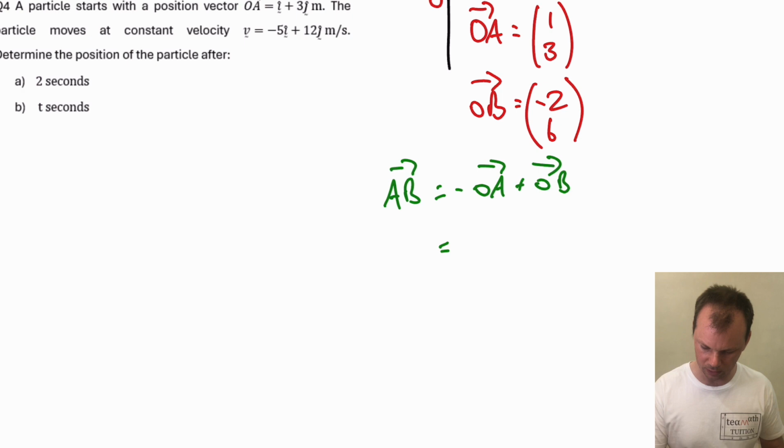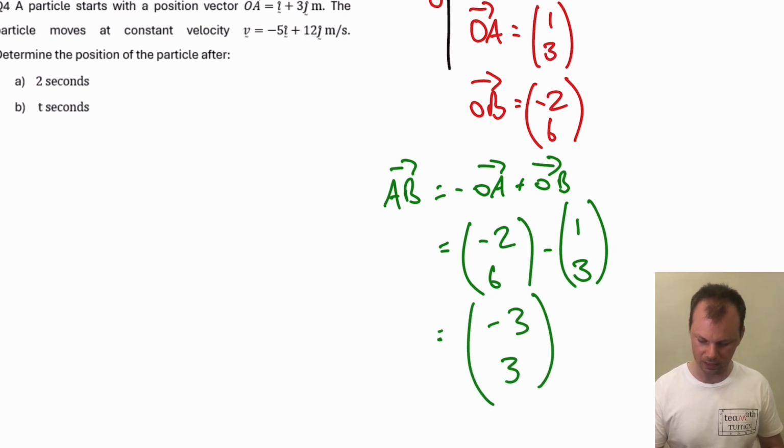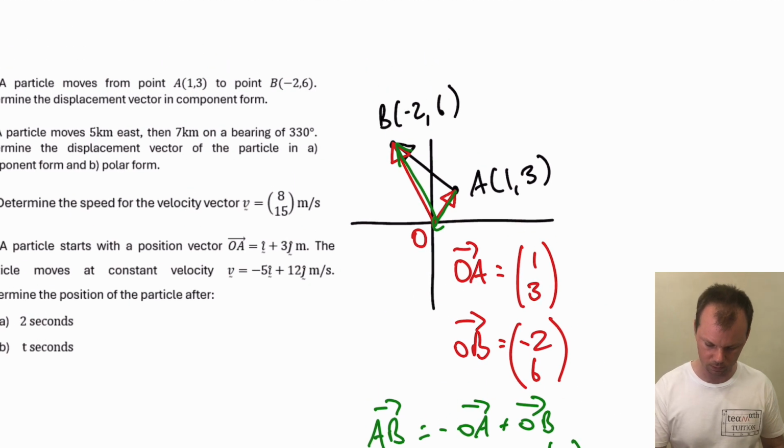So OB is -2,6 minus 1,3, and we end up with -3,3. So our vector is traveling, or our particle is traveling -3 in this direction and then 3 in that direction.